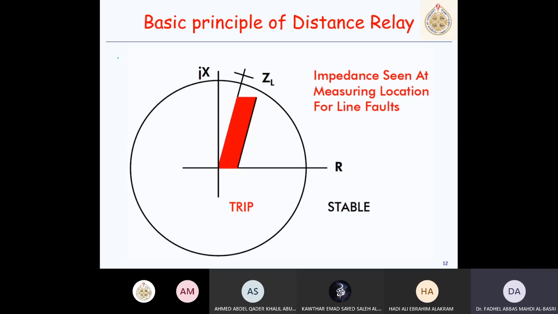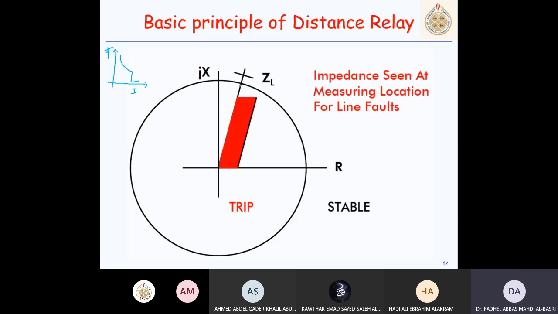Now, like in an overcurrent relay, we have time versus current in IDMT characteristics, and we have instantaneous. Here we have an impedance, so the trip characteristic is like this for the impedance characteristic.